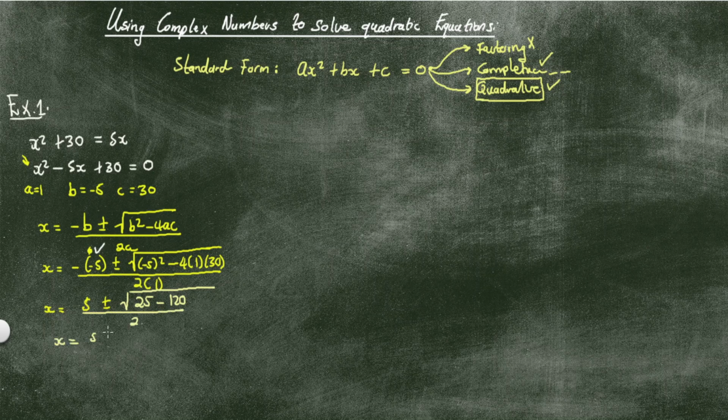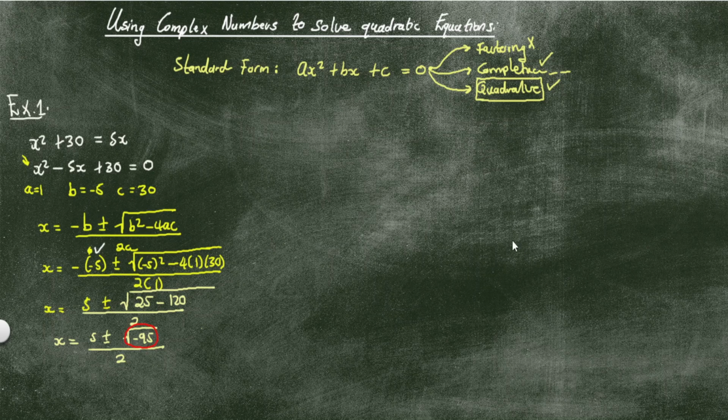X is equal to 5 plus minus the square root of 25 minus 120. 25 minus 120, that's the square root of minus 95, all over 2. Then what you'll have to do is express this square root as a complex number.